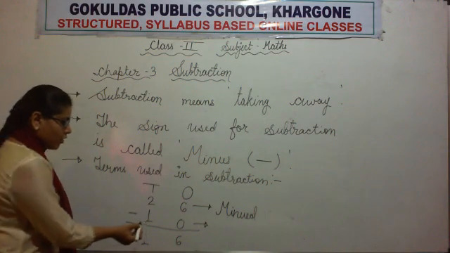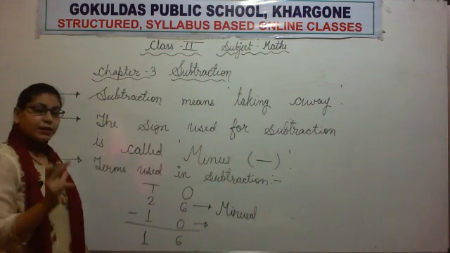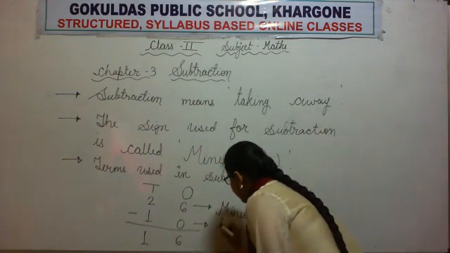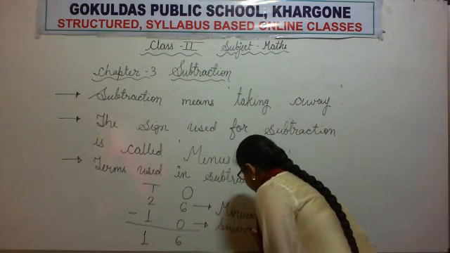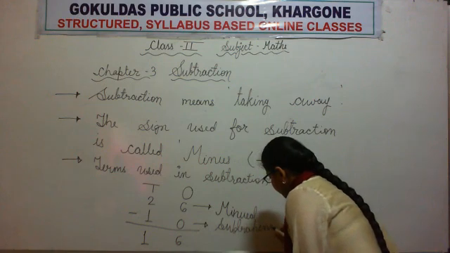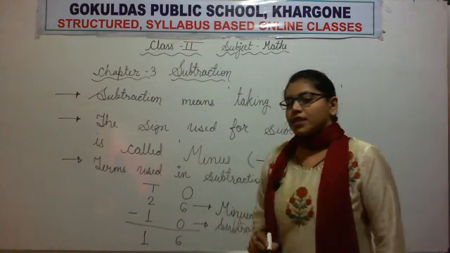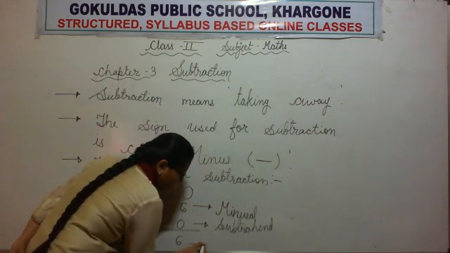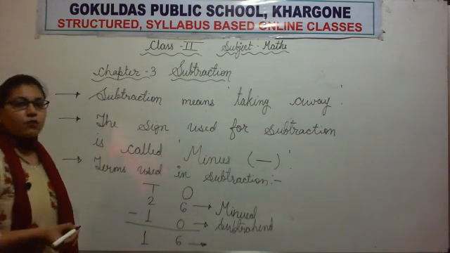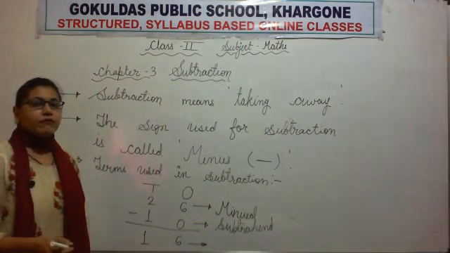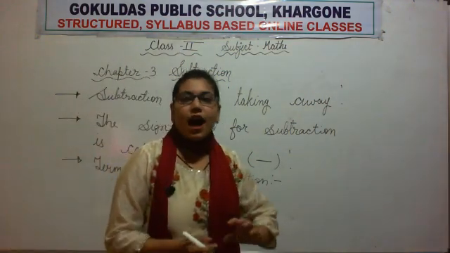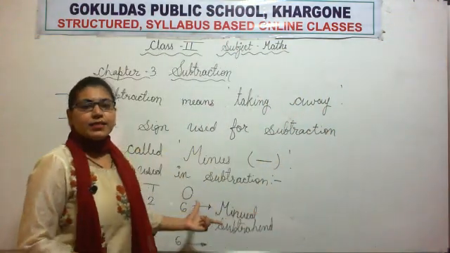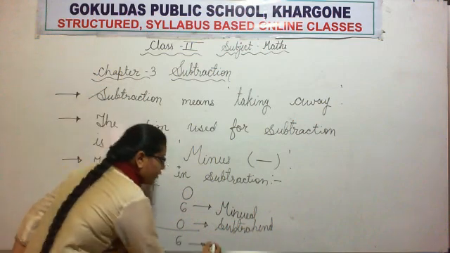The second number, which we will subtract from the bigger number, the smaller number, we will call subtrahend. And whatever result comes after subtraction, we will call difference. As we called our result after addition sum or total, but here in subtraction we will call it difference.